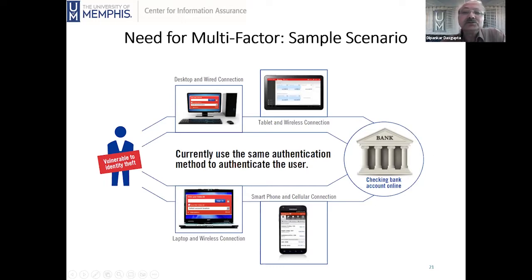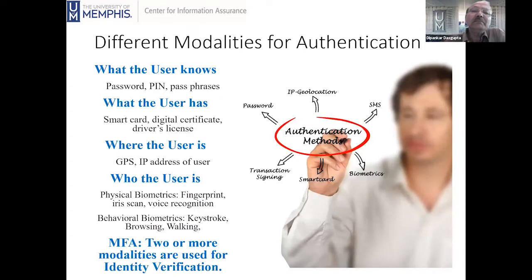credibility. So we know there are many modalities out there apart from the password, PIN, what the user has, different kinds of information, where the user is, and who the user is. That's biometrics.